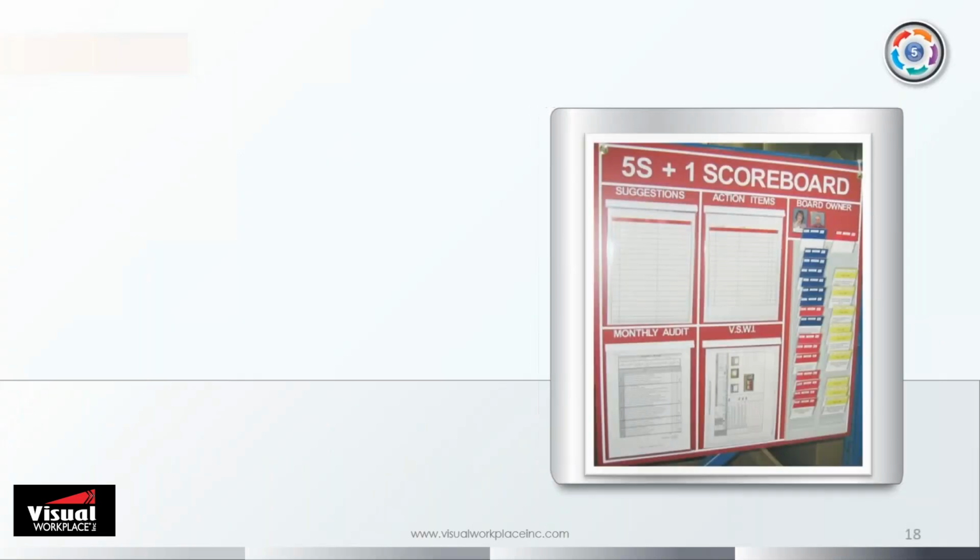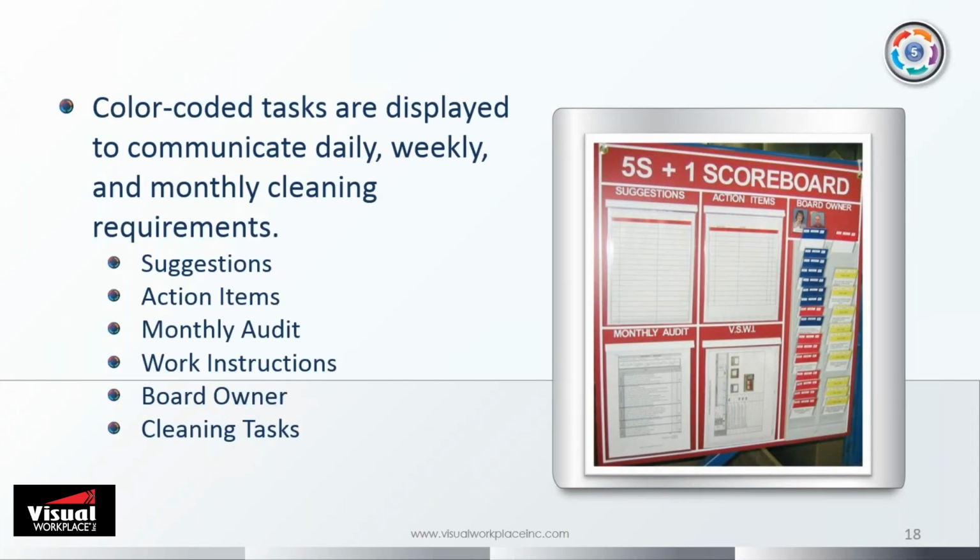Next, I want to share a system that we helped develop with one of our customers, for helping to organize the cleaning activities in particular areas in their facility, because they were finding that tasks were not being done the way they should be, and they were slipping. So over on the right-hand side, they had a card display, and they created a card for every cleaning task in that area.